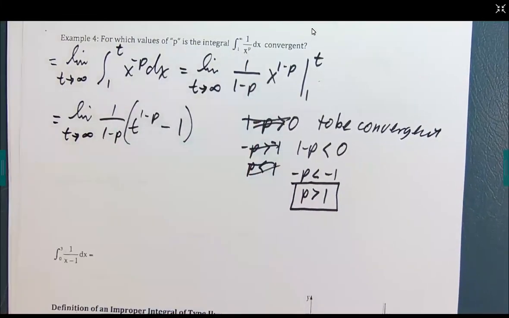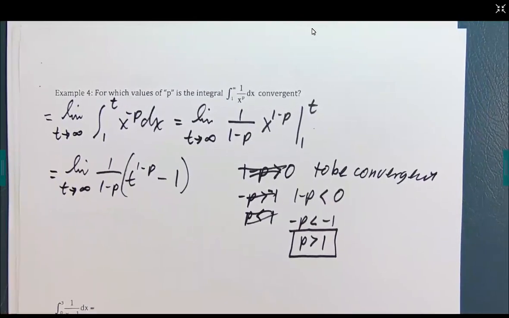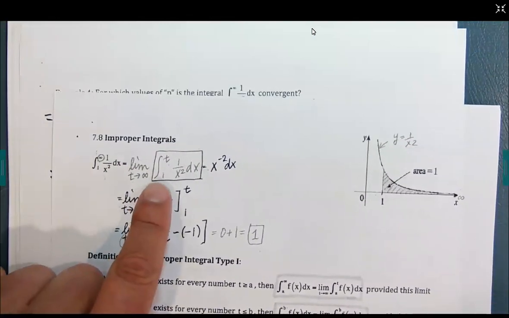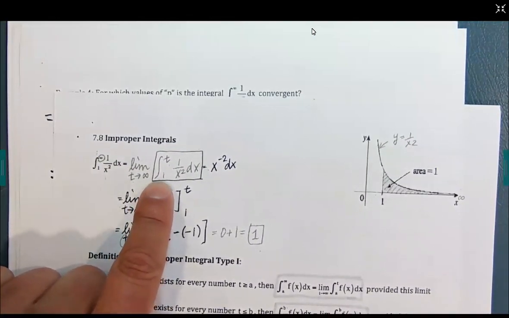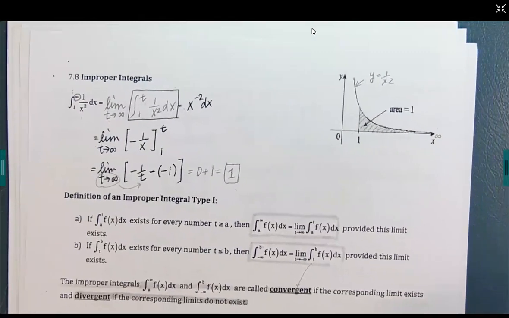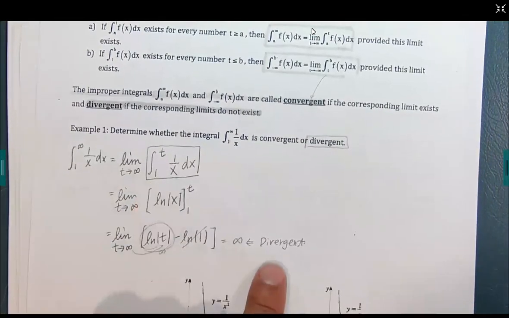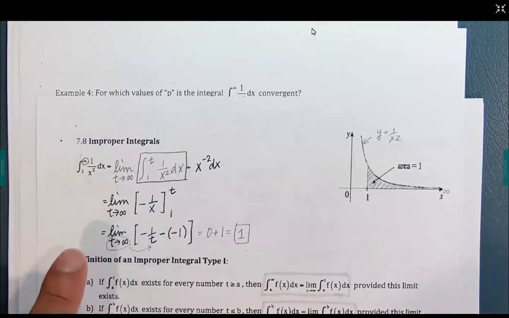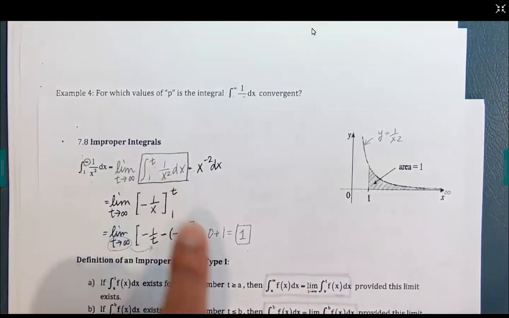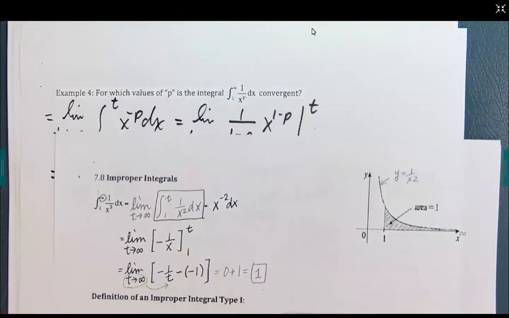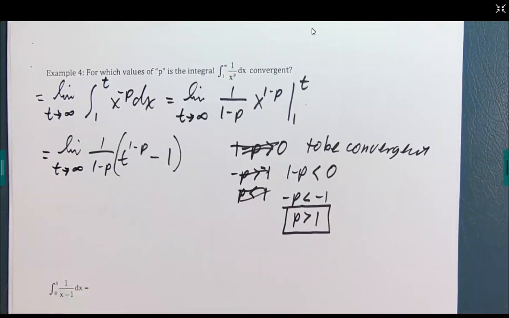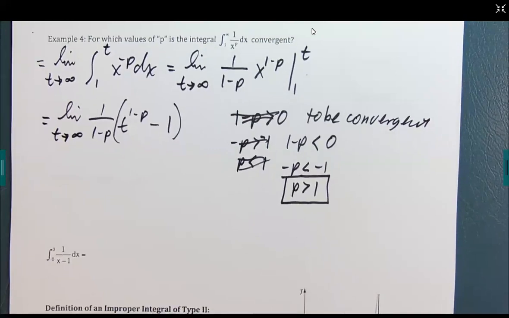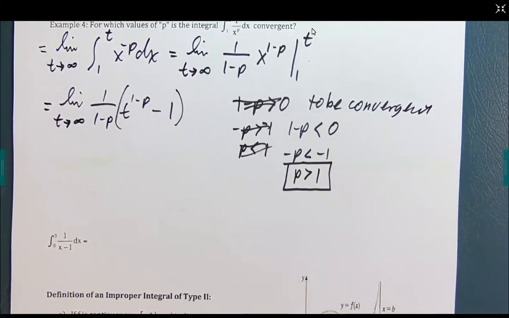So as long as p is bigger than 1, and we can see that in our previous example. When p is 1 or less than 1, down here, then it's divergent. When p is bigger than 1, which it is, it's 2 in this case, it's convergent. That's going to be very useful. Actually, that fact will be very useful in the last chapter in the book. I'll come back to that.